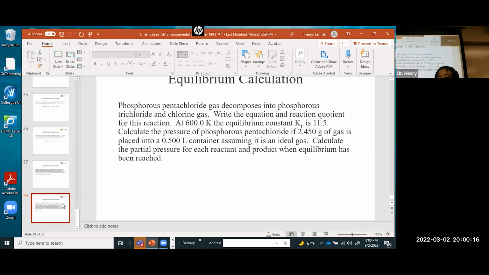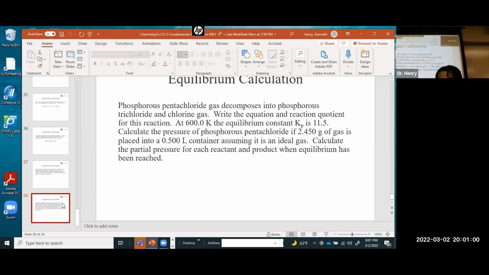Okay, so we have phosphorus pentachloride gas decomposing into phosphorus trichloride and chlorine gas. Write the chemical equation, and write the reaction quotient for this reaction at 600.0 Kelvin. The equilibrium constant Kp is 11.5. Calculate the pressure of the phosphorus pentachloride if 2.50 grams of gas is placed into a 0.50 liter container, assuming it's an ideal gas.